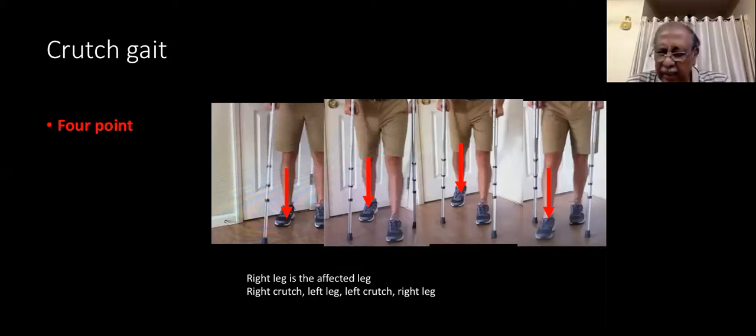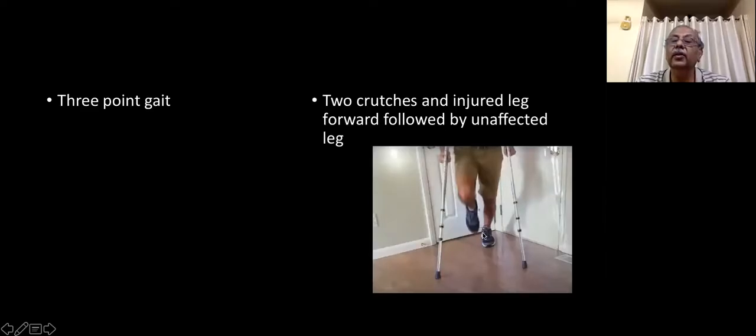In the 3-point gait, the two crutches and the injured limb, this limb and the two crutches move forward, followed by the uninjured limb. This is what is called the 3-point gait.